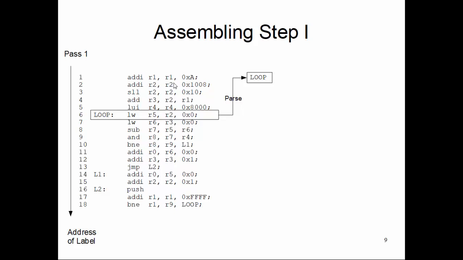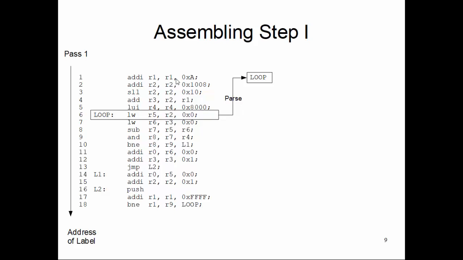I should not say line 1, line 2, it's really instruction 1, instruction 2. There can be a lot of comments in between instructions, a lot of white spaces, new lines, etc. So it's just filtered out. So let's call it instruction 1, instruction 2 instead of line 1, line 2, line 3.